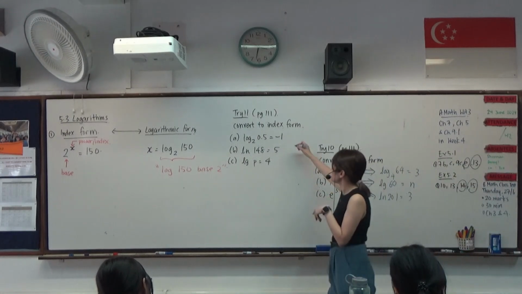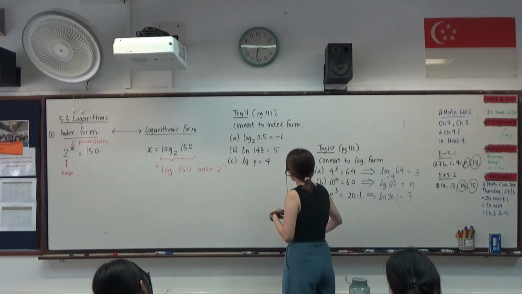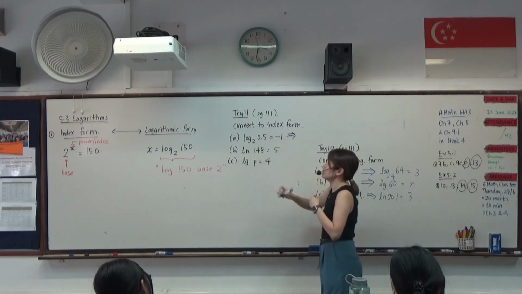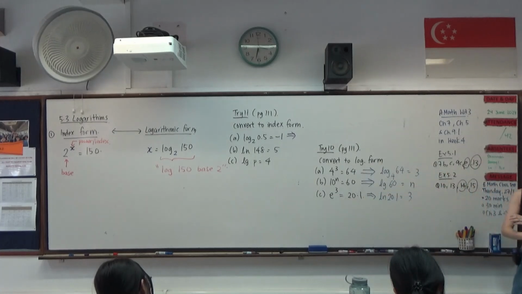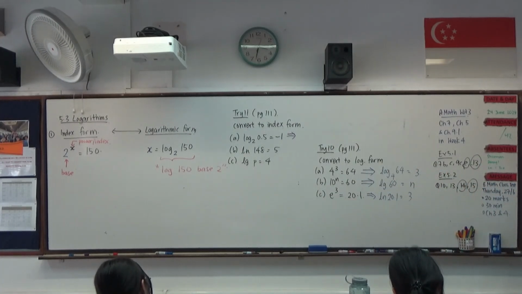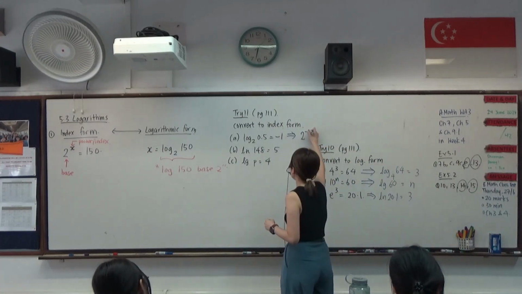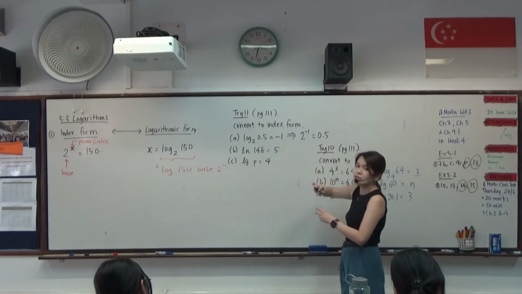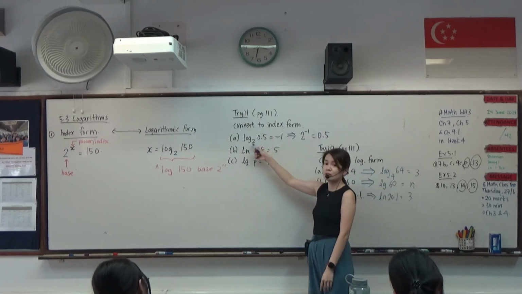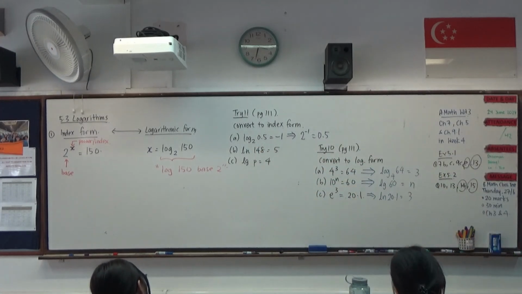How do I change this into index form? Log base 2 of 0.5 equals negative 1. Change into index form, what would it be? 2 to the power of negative 1 equals 0.5. So always start with the base. Okay? That's personally my habit. I always recognize the base first.